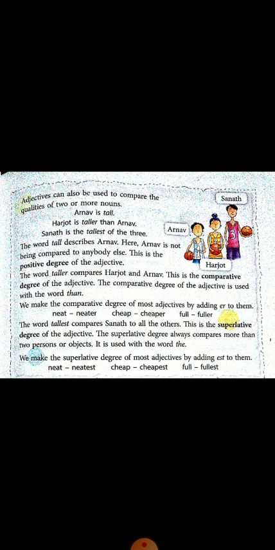This is the comparative degree of the adjective. The comparative degree of the adjective is used with the word than. We make the comparative degree of most adjectives by adding er to them, like neat, neater, cheap, cheaper, full, fuller.